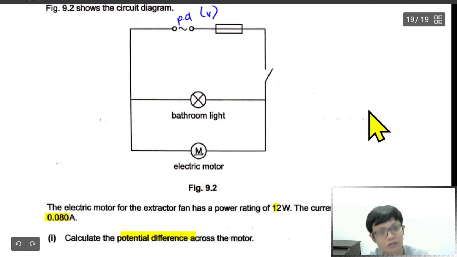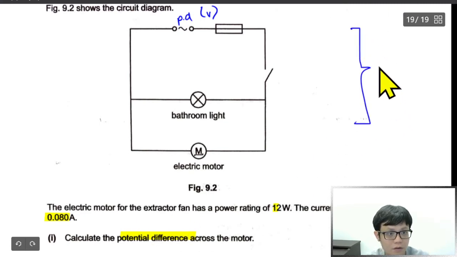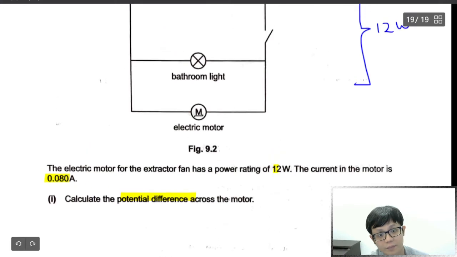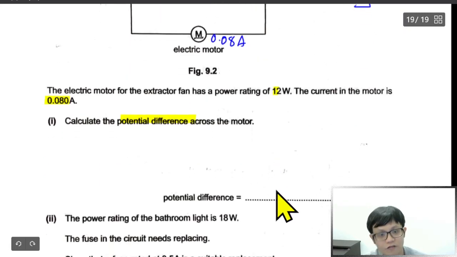The total is 12 watt, and the current in the motor is 0.08 ampere.